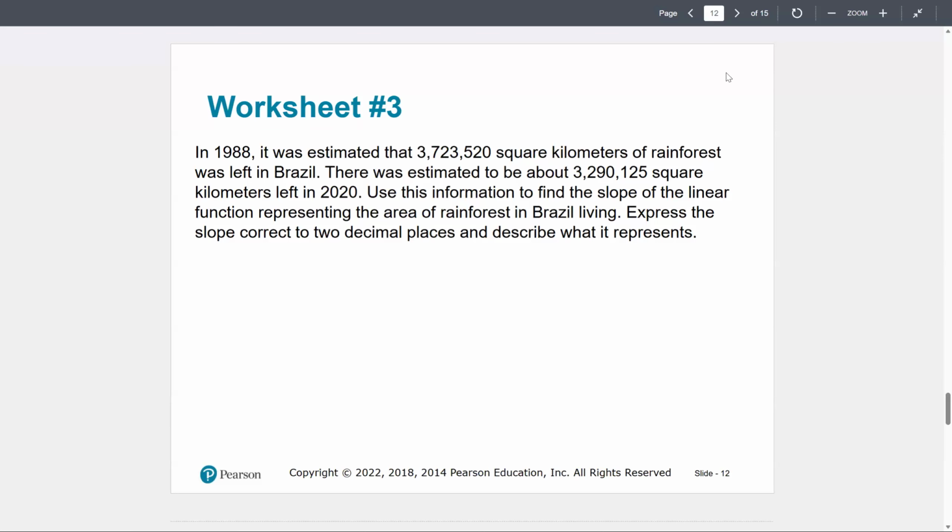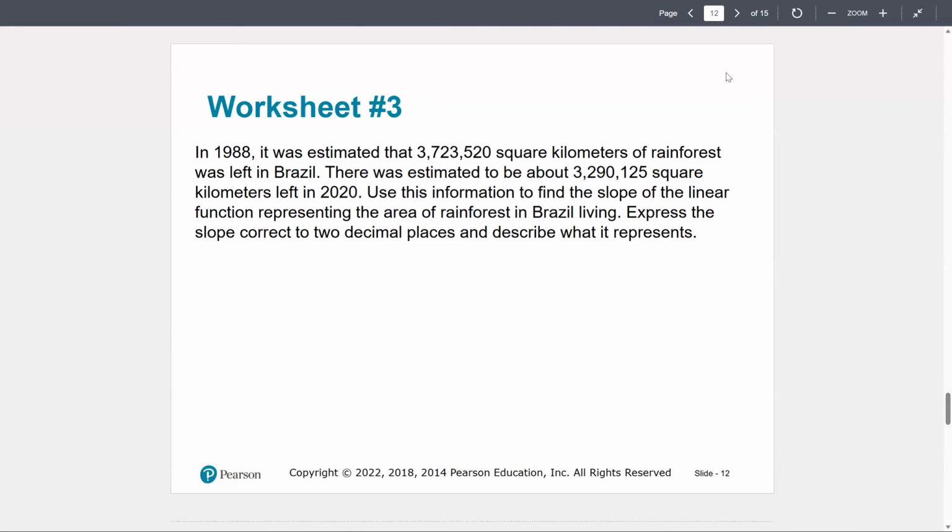Okay, so your worksheet problem is going to be: in 1988, it was estimated that 3,723,520 square kilometers of rainforest were left in Brazil. There was estimated to be about 3,290,125 square kilometers left in 2020.